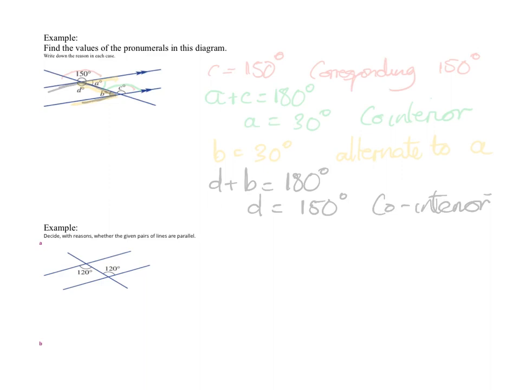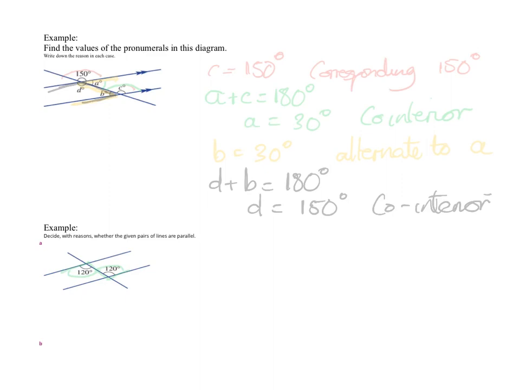The next example is fairly interesting. The question says, decide with reasons whether the given pairs of lines are parallel. Now we've just gone through all the different relationships in parallel lines. And if you look at those two angles there, you should be able to see that they are alternate. And what do we know about alternate angles? They have to be the same. So because they are both 120 degrees, then we know that those lines are parallel.